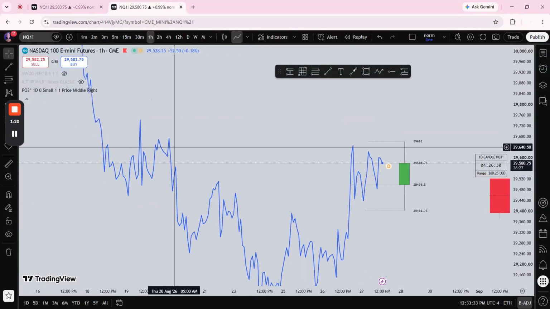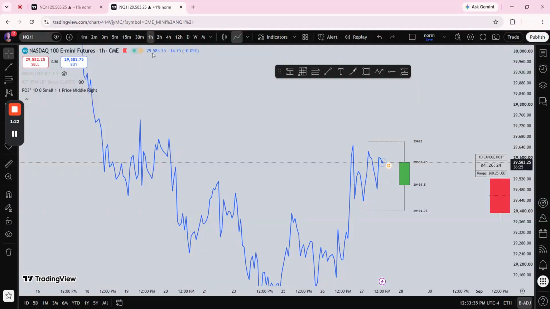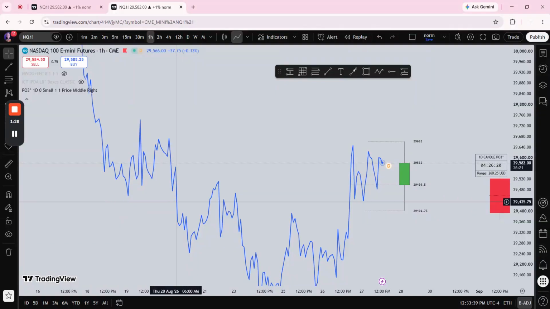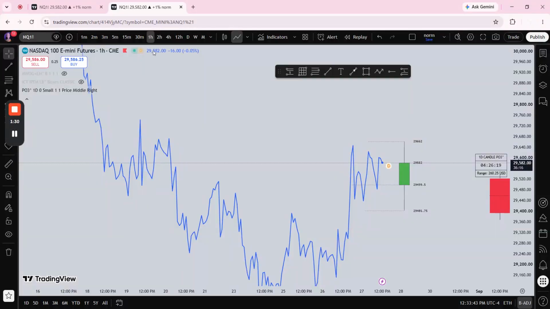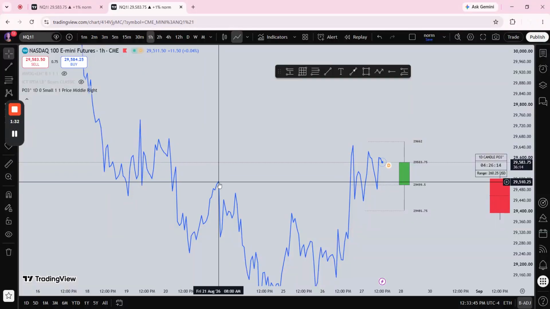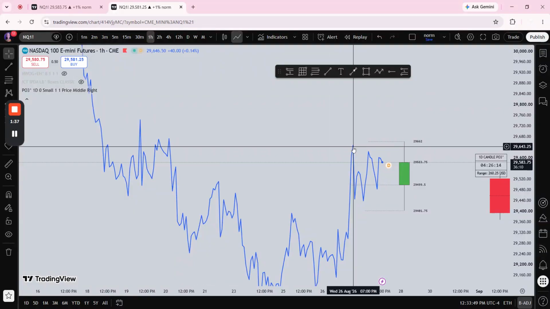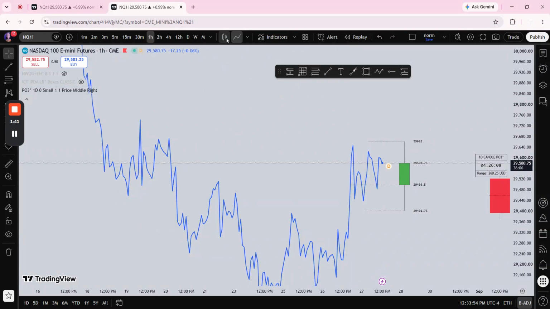When we look at the line graph, you see this number up here. Wherever I hover, that's telling me what price is at. If I'm up here at this high, it's 29,511. If I'm up here at this high, it's 29,647. Now I'm going to go back to the candles.